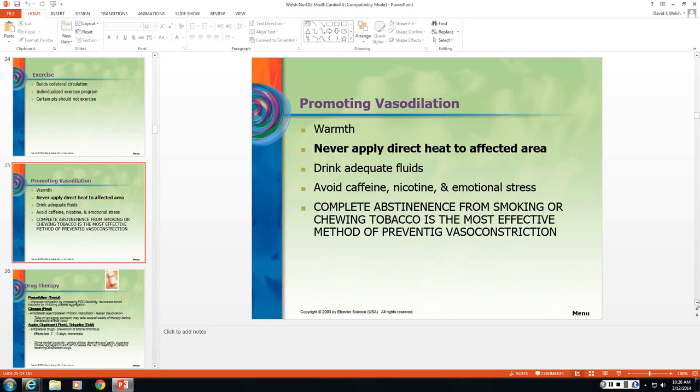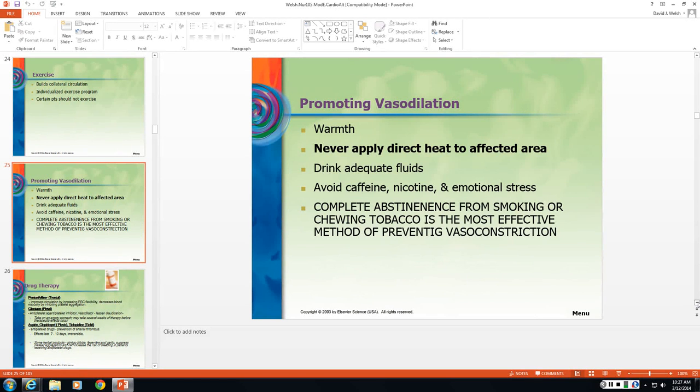You want to drink adequate fluids. So drinking fluids promotes venous flow, promotes hydration, and hopefully affects the vasodilation and gets the blood flowing in those areas.